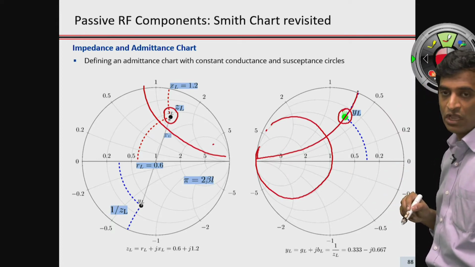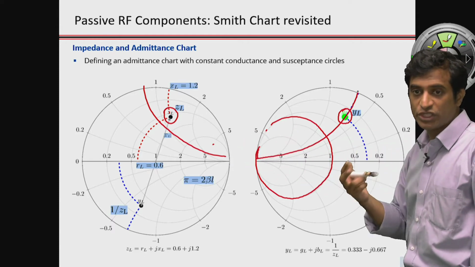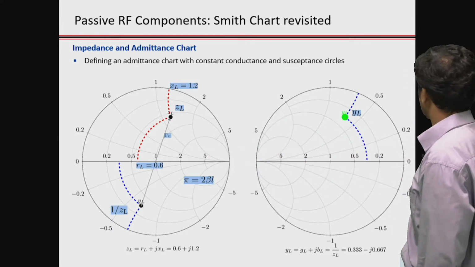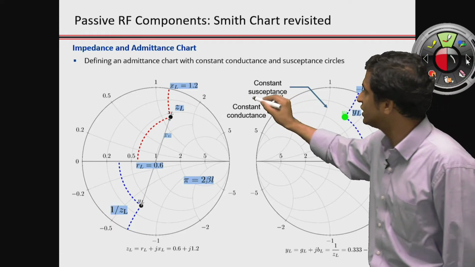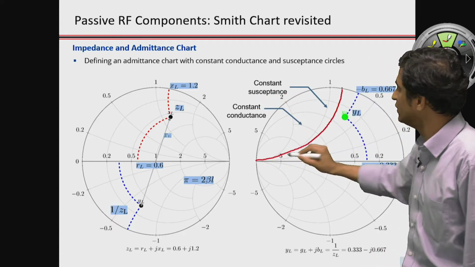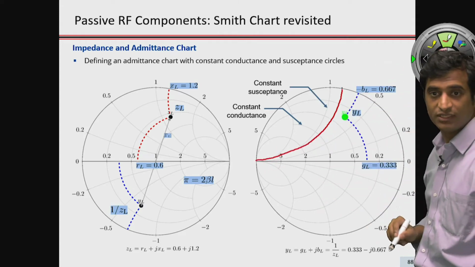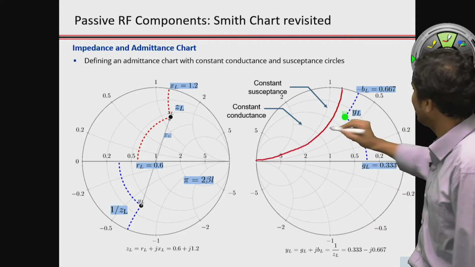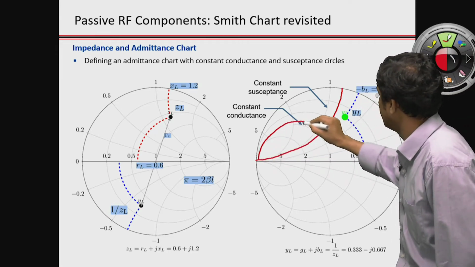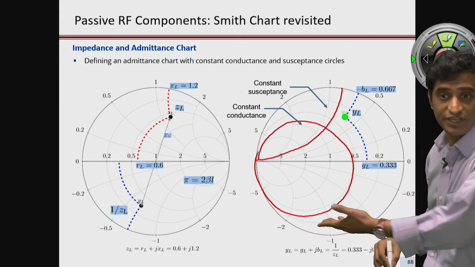So in the admittance chart, very similar to the impedance chart, we have two sets of curves. Those are called the constant susceptance curves, which are the segments that start from the left and go to a point on the rim of the Smith chart, and the constant conductance curves, which are very similar to the constant resistance curves but on the left side of the Smith chart.